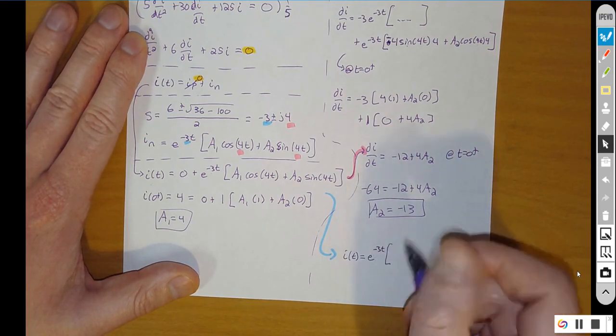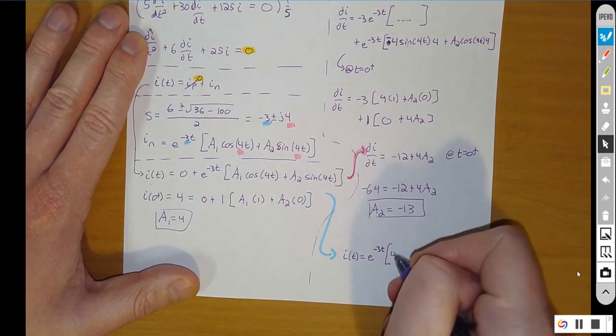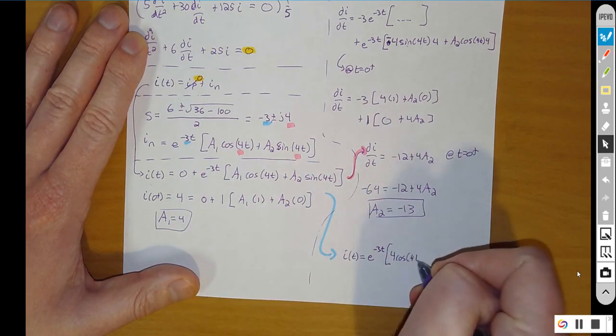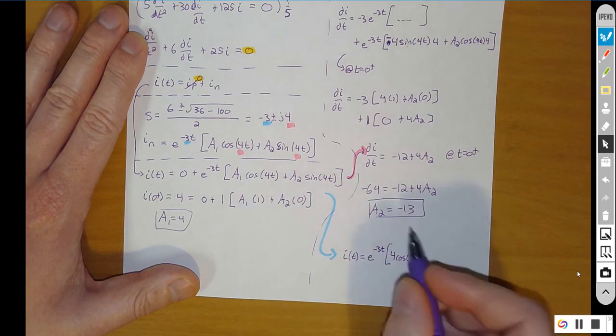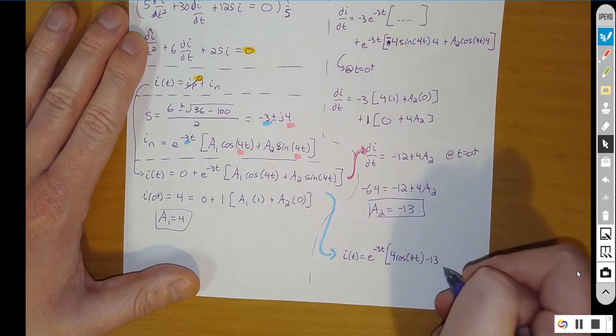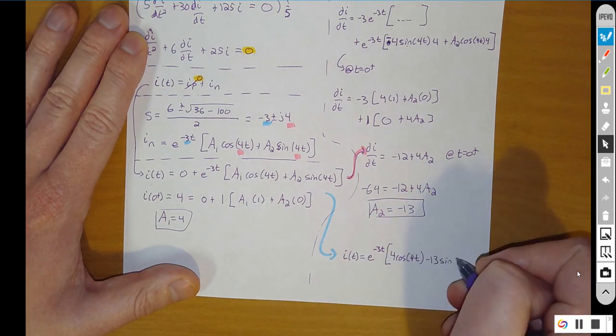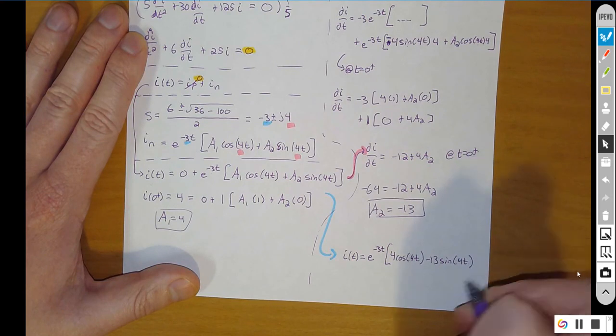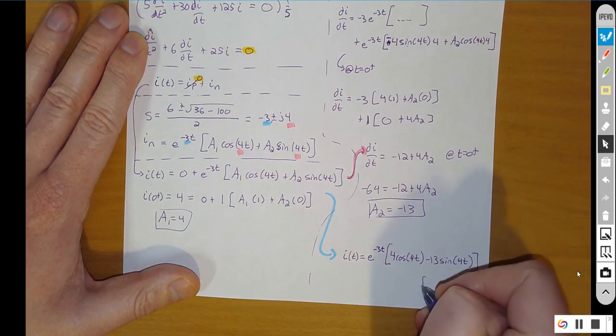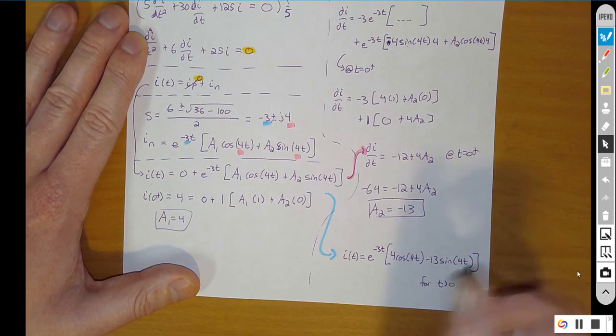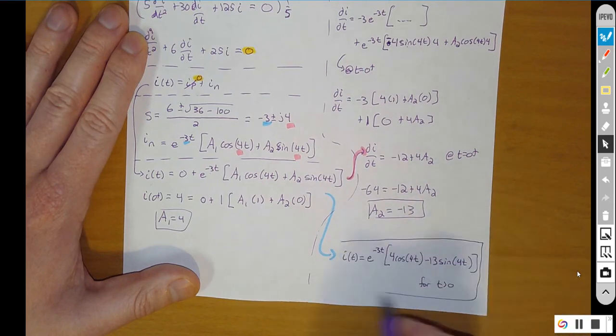A1 is 4, so we're going to get a 4 cosine 4t. A2 is negative 13, so minus 13 sine of 4t. And this is for t greater than 0. And we box it. And I probably should say amps as well.